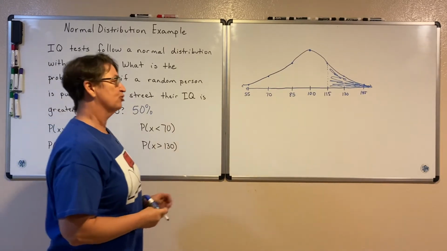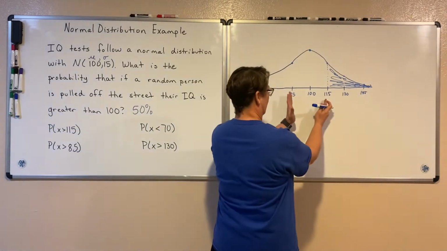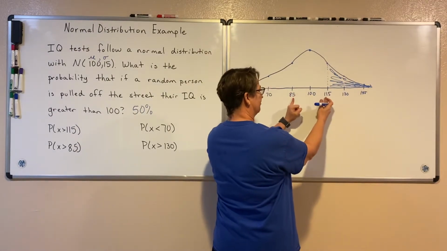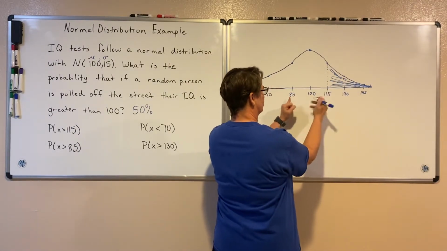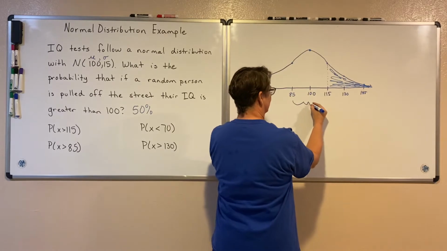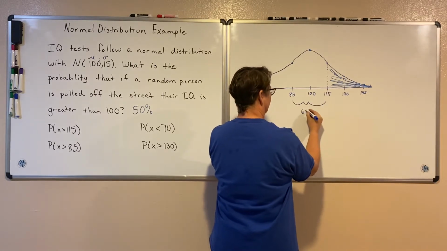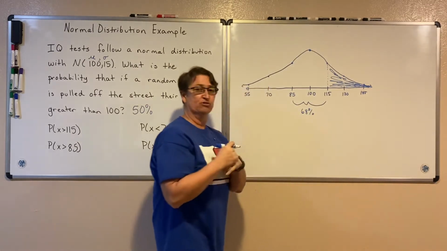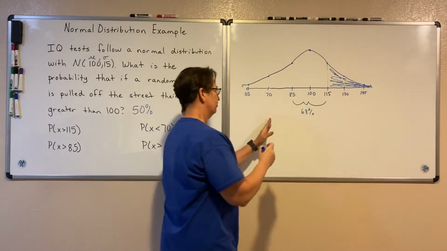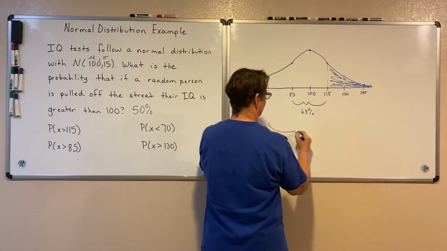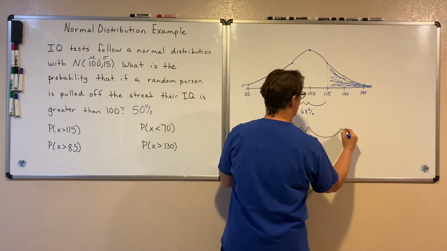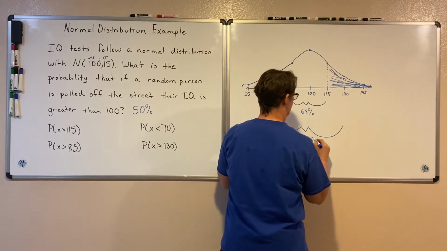Remember, with the empirical rule, within one standard deviation is 68% of the curve, or the area under the curve is 0.68. Then within two standard deviations from the mean is 95% of our data.